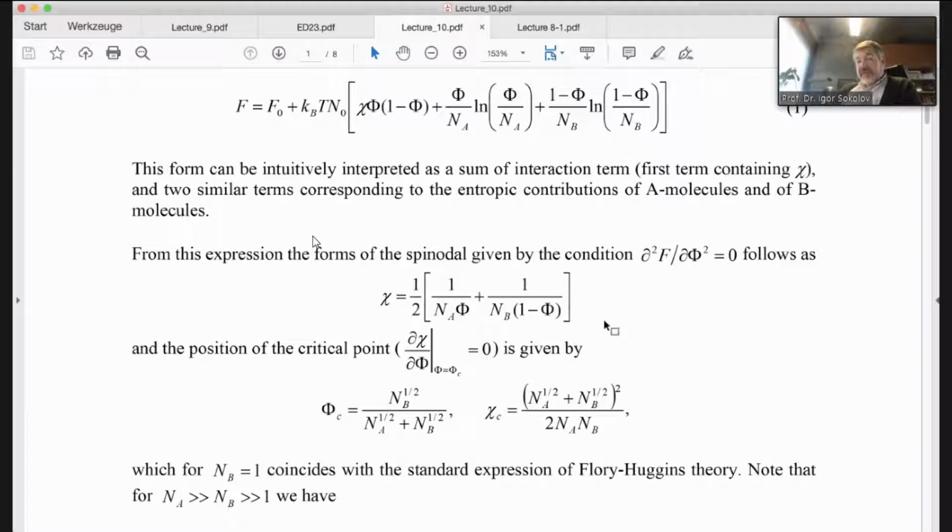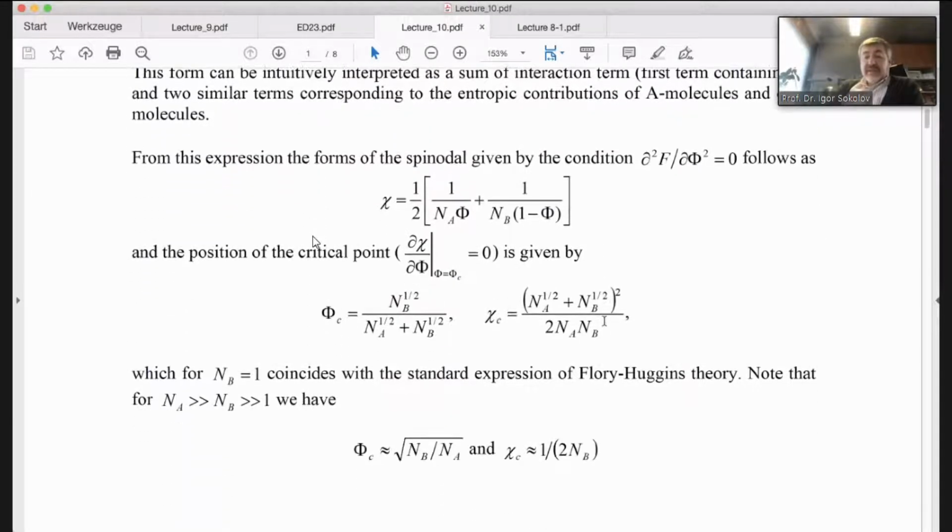The only difference is that in our case yesterday, one of these N's was essentially 1. So NB was 1. Now I can take a derivative of chi with respect to phi to find the lowest point of this spinodal, which is the critical point.